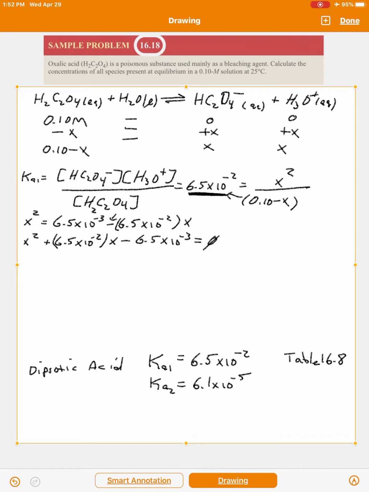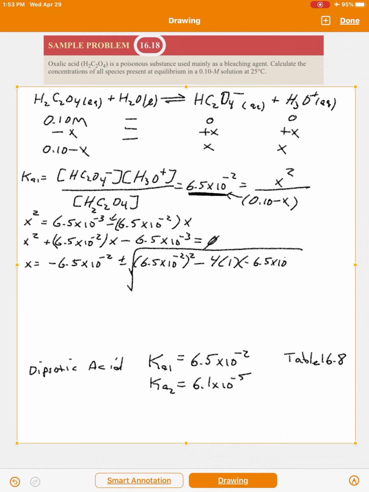Okay. Now, we've got our a, b, and c. So x is minus b, so that's minus 6.5 times 10 to the minus 2, plus or minus the square root of b squared, 6.5 times 10 to the minus 2 squared, minus 4 times a, which is 1, times negative 6.5 times 10 to the minus 3, which is c.